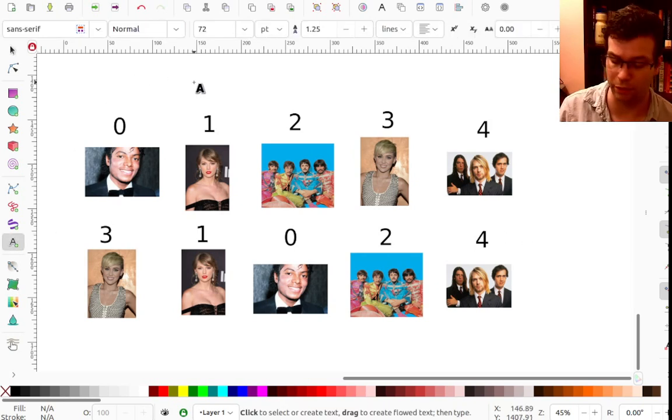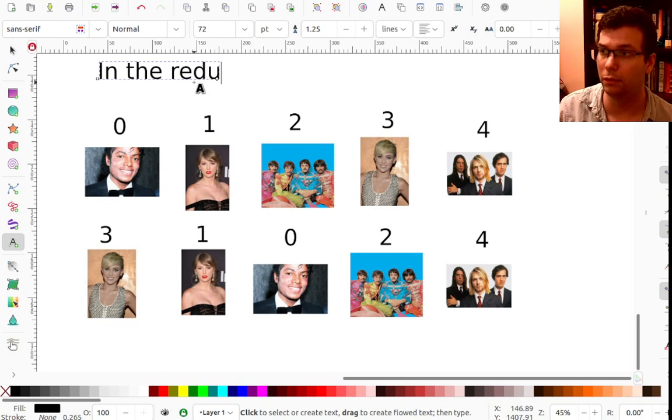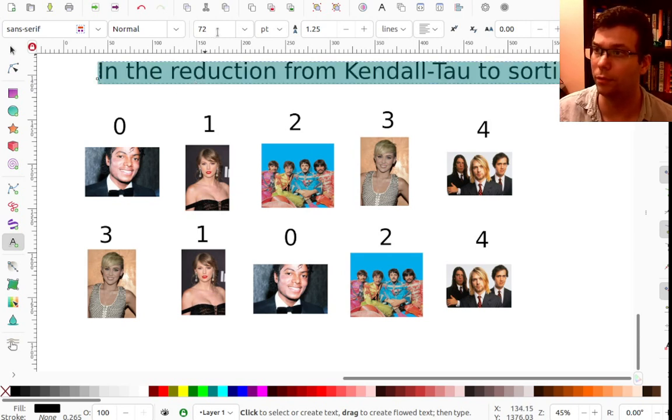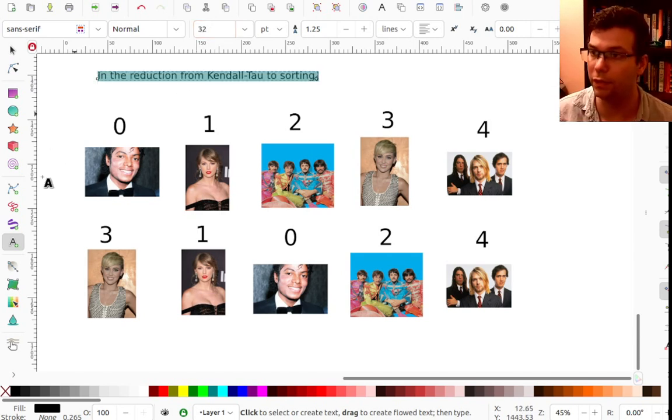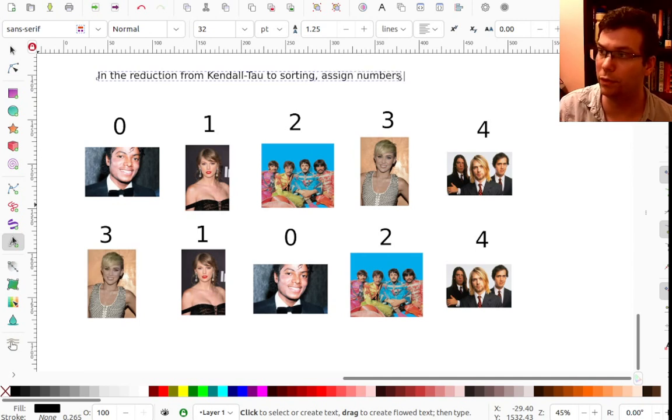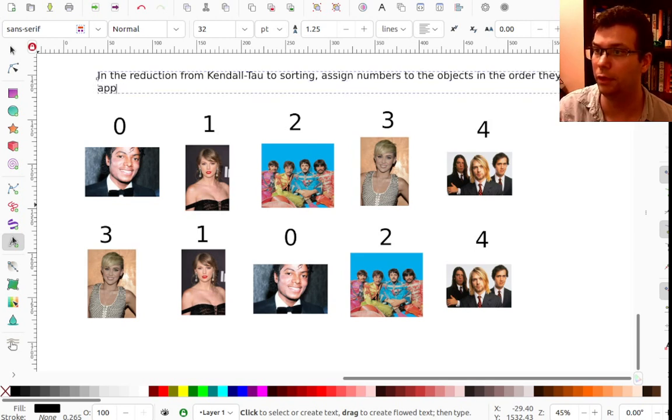So in the reduction from Kendall tau to sorting, what we want to do is assign numbers to the objects in the order they appear in the first ranking. Then apply those numbers to the second ranking.